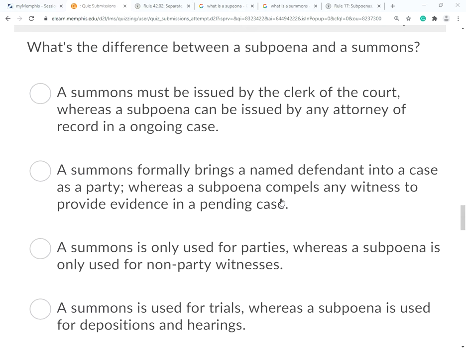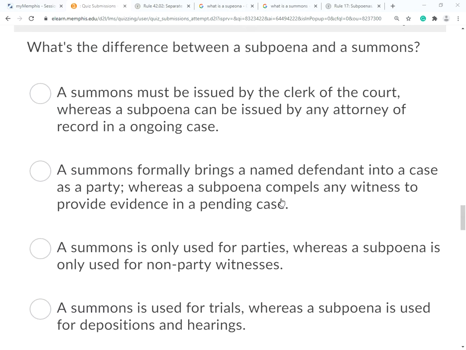The next answer: a summons is only used for parties, whereas a subpoena is only used for non-party witnesses. And the last one we can select: a summons is issued for trials, whereas a subpoena is used for depositions and hearings.